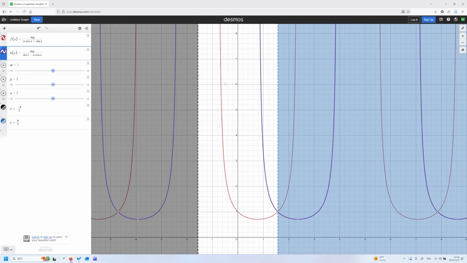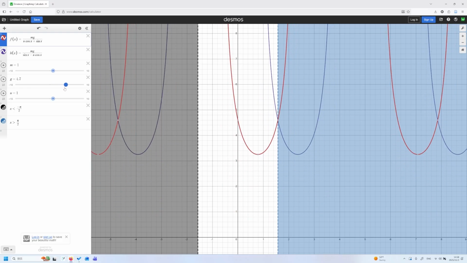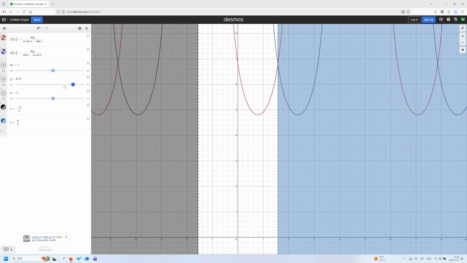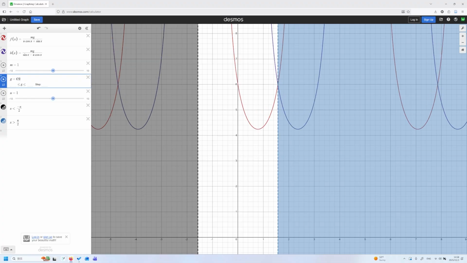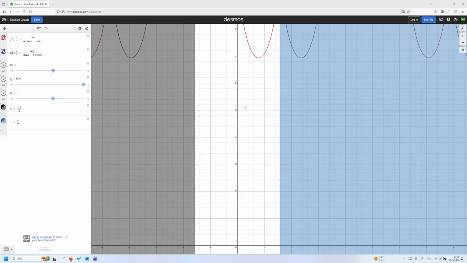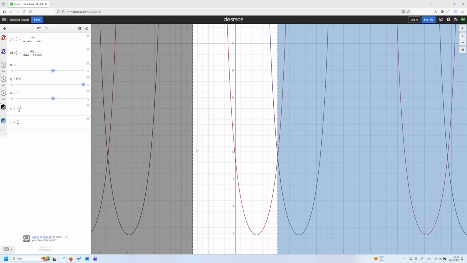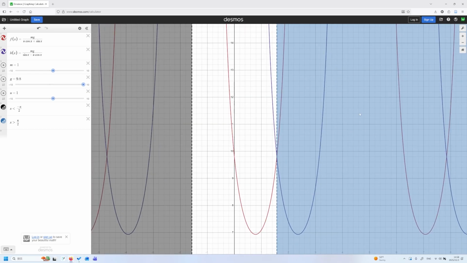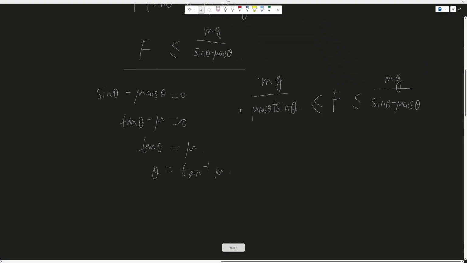Here we have the graph. So this is the upper bound. I used u for mu, x as theta, and then m and g. So m, g, and u are all arbitrary constants, and we can adjust their values, but they really wouldn't change the overall shape. If we look here, I've grayed out the areas that are not included in the boundary.